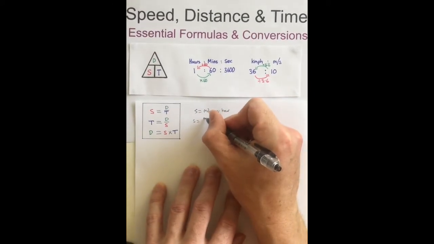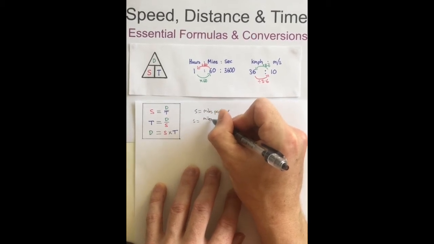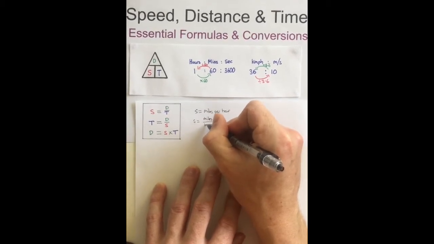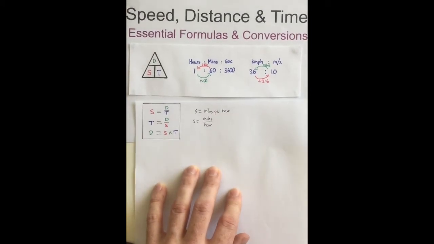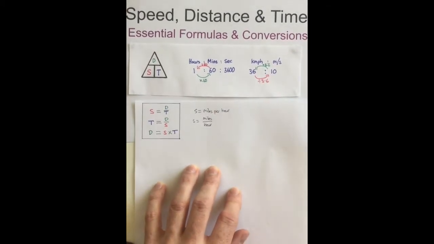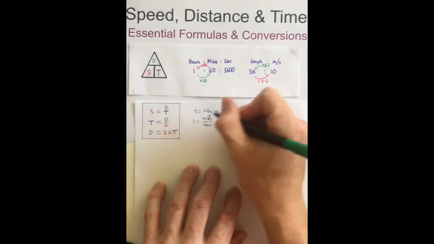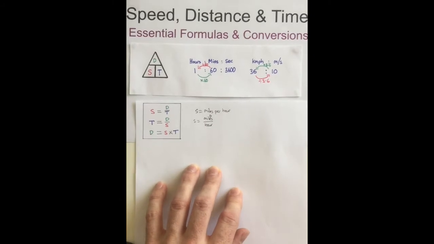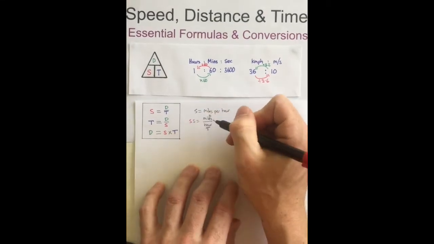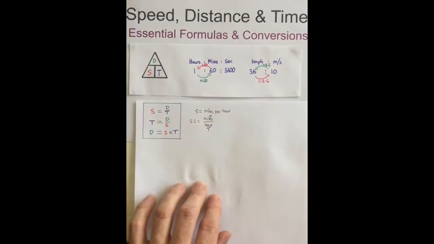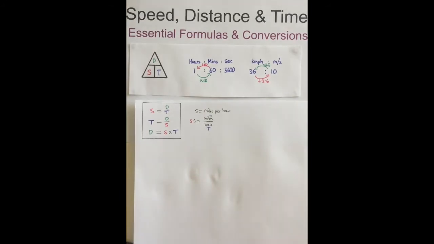So I'm going to write that as a fraction, miles divided by hour or hours, and that is our speed, distance, time, because miles is distance and hours is our time. So we've got speed equals distance divided by time, and from that we can work out every other equation.